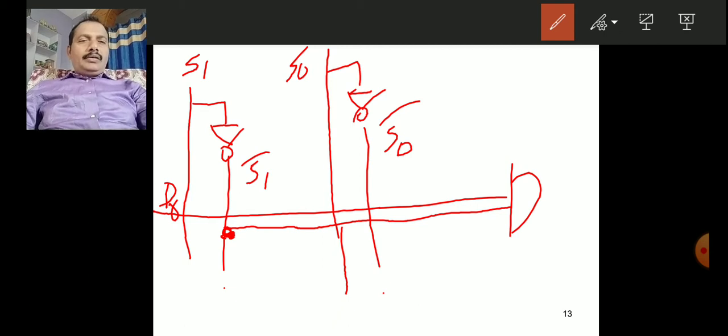And S0 bar. This is the way of connecting. So this AND gate is connected to S0 bar and S1 bar only, not to S1 and S0. That you have to keep in mind.